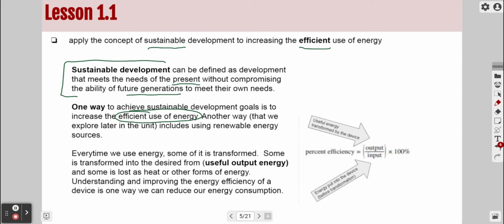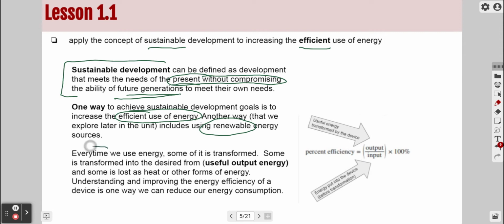Another way that we're going to explore in the next section is using more renewable energies, right? So if at present we're not using up resources that are limited, so non-renewable energy sources, then our future generations will still have the ability to meet their needs.